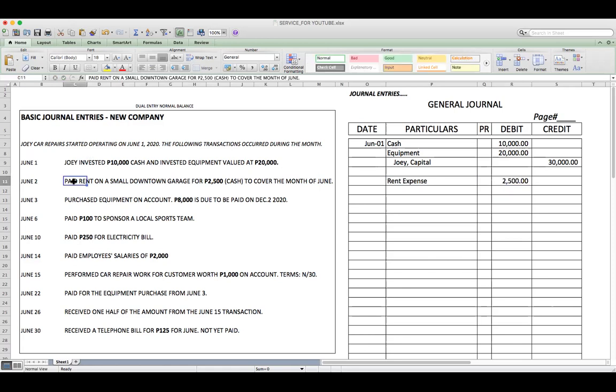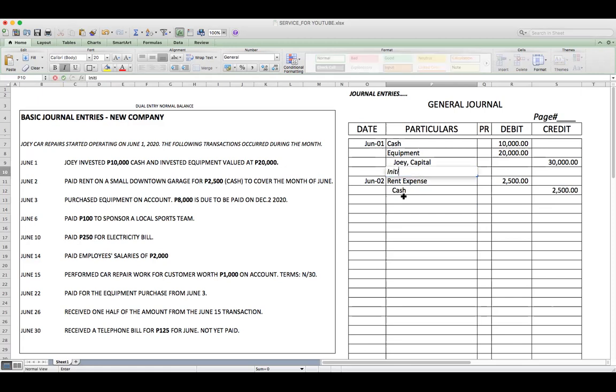So since ginamit natin yung term na paid, so pag tayo ay nagpe-paid, ano ba nawawala sa atin? Cash. That is why ang credit natin dito ay cash. And then that would be June 2. And then, yung brief description nito, if I'm going to add, balikan ko ang June 1, pwede tayong mag-type ng initial investment.